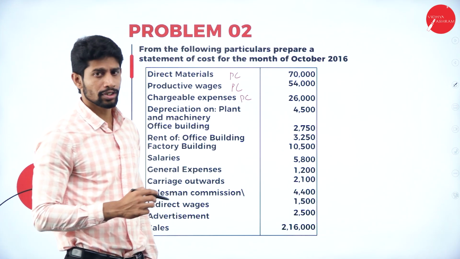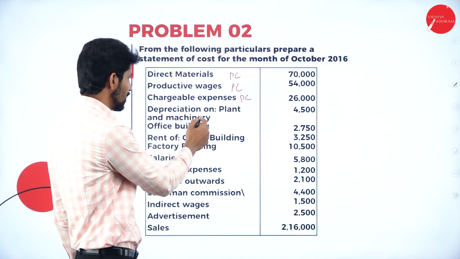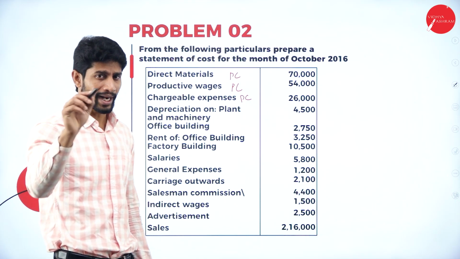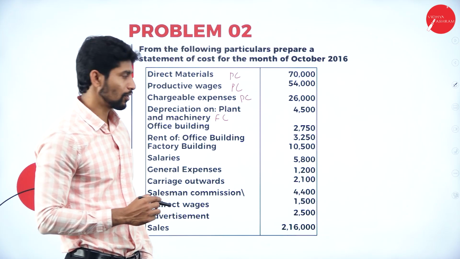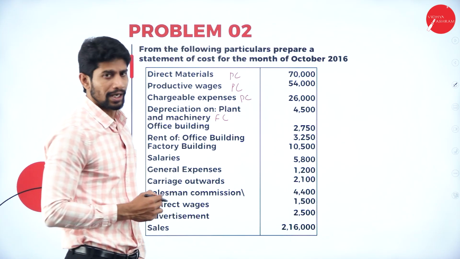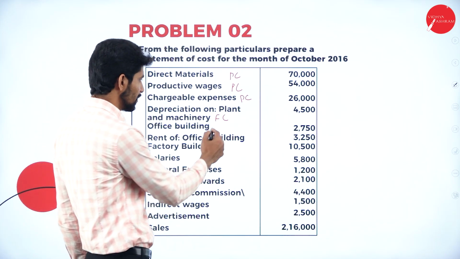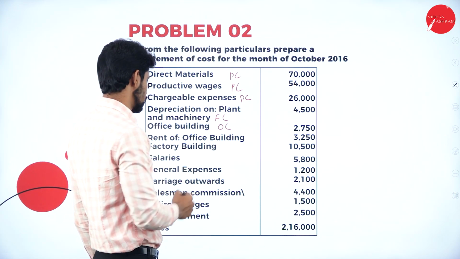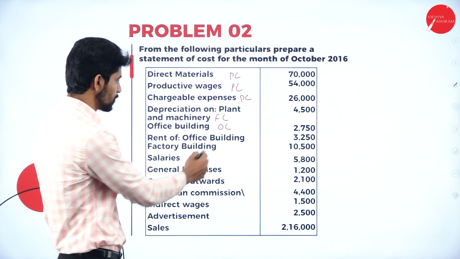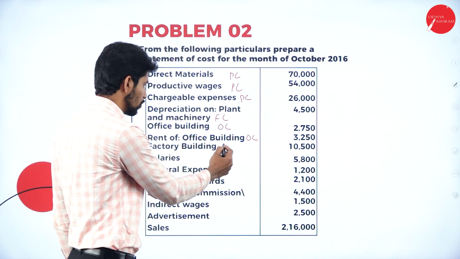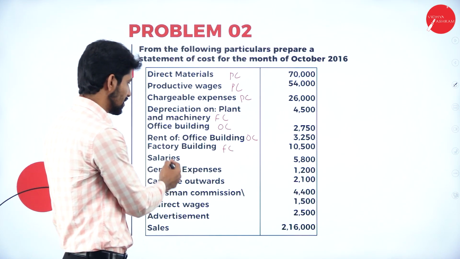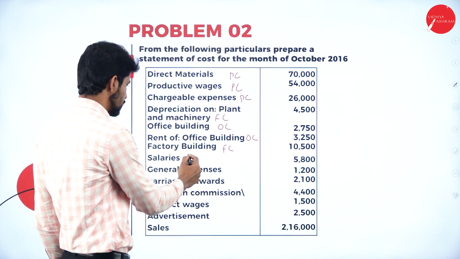Next, depreciation on plant and machinery comes under factory cost, right? Next, depreciation on office building comes under office cost. Rent of office building relates to office cost. Rent of factory building relates to factory cost. Salaries belong to office cost.